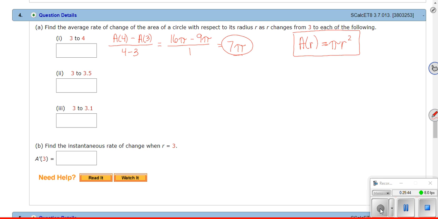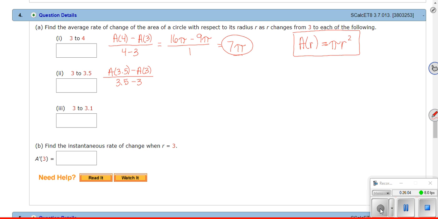So we're doing the change in area over the change in radius. Same thing here. I'm not going to finish it, but we're going to find area with the 3.5 minus area with just a 3 over 3.5 minus 3, and then solve that. Same thing with the one below.